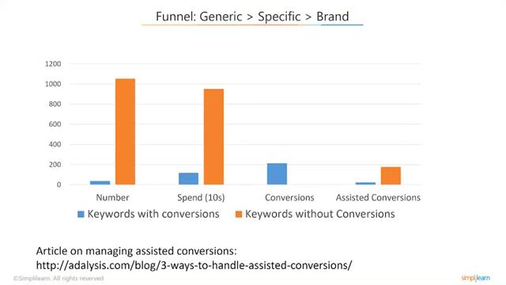Another way of looking at it is assisted keywords. They were in the florist industry, where people buy flowers not to give away at Valentine's but to plant in their garden. So everyone searched for things like how to plant roses or raising tulips, something very generic.